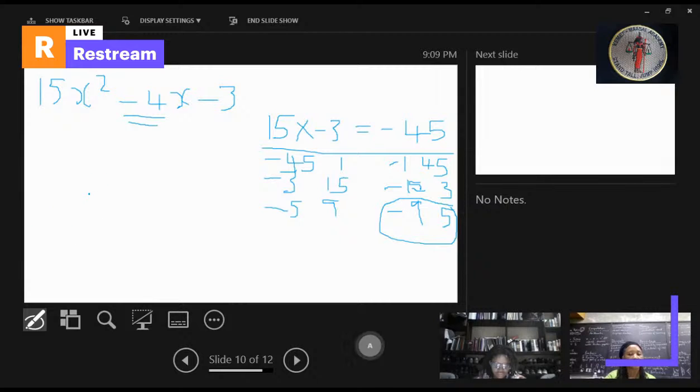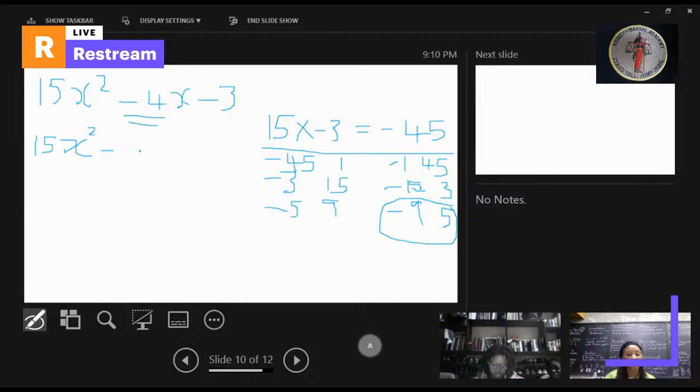So then we put back the 15x squared, minus 9x. You sure you don't want to put the 5 closer to the 15 and the 9 to the 3?